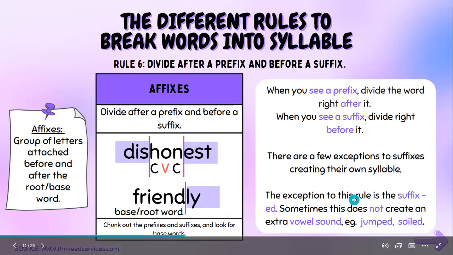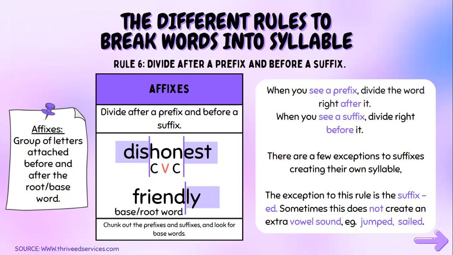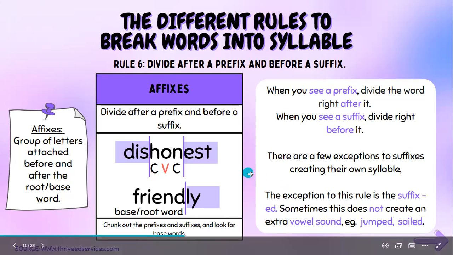There is one exception, actually several exceptions, but a common one is the suffix ed. And ed usually makes a word past tense. For example, the word jump would be present tense. But if we say jumped with ed at the end, then it would be past tense. But often the suffix ed does not add an extra vowel sound.